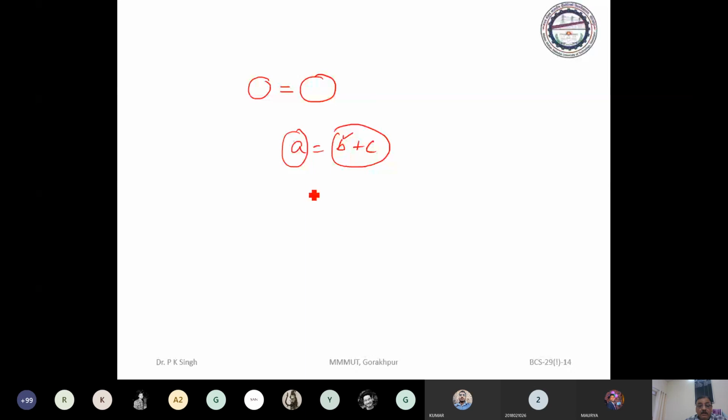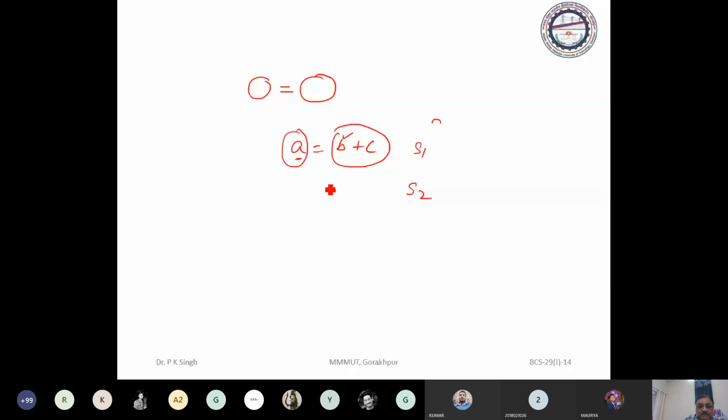Now, suppose here you have statement S1, and this value A is being used by another statement S2. Then that S2 is dependent on this S1. You can't do parallel execution.